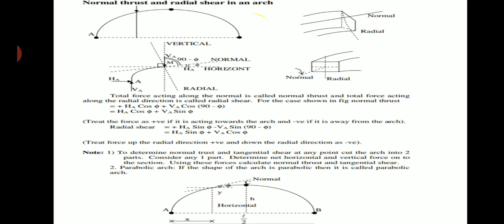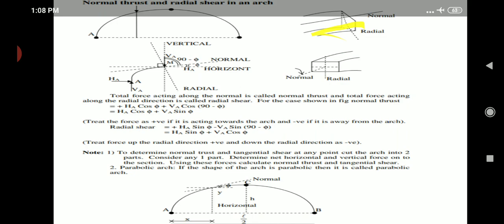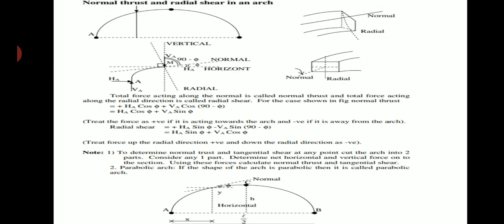The first sketch represents a three-hinged parabolic arch subjected to an external load, and the second sketch represents the normal and radial forces along the arch rib. The third sketch is a schematic representation of the forces acting.